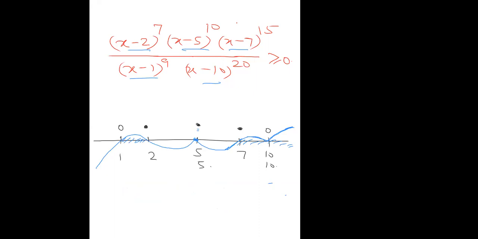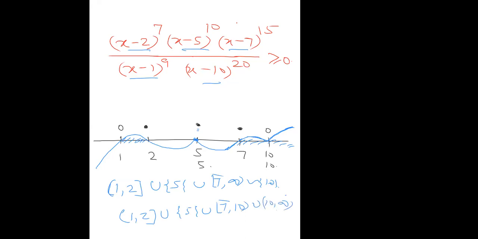So 1 to 2, union 5, union 7 to infinity, except 10. Or after 5, you can write 5 union 7 to 10, union 10 to infinity.